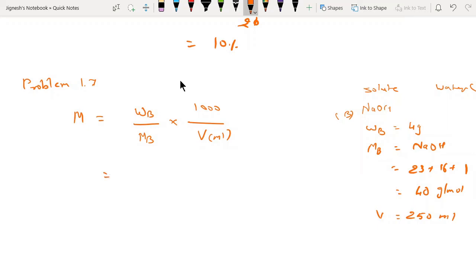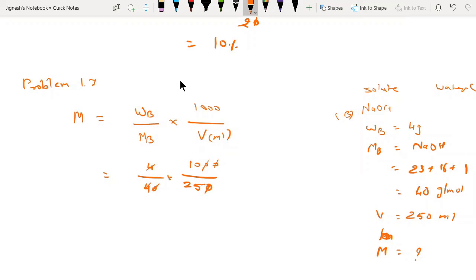Now what is the molarity? Molarity, question mark, capital M. So WB will be 4 divided by 40, into 1000 divided by 250. 10 cut, 4 cut, and then one more 0 is going to come from here.